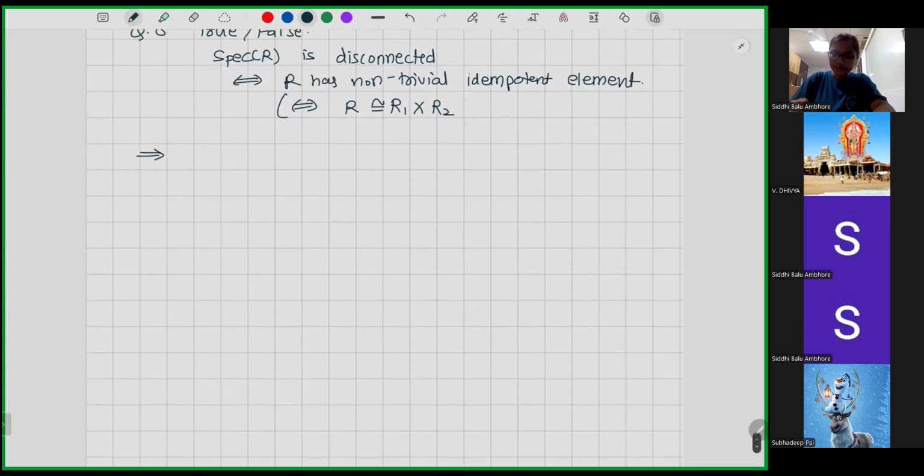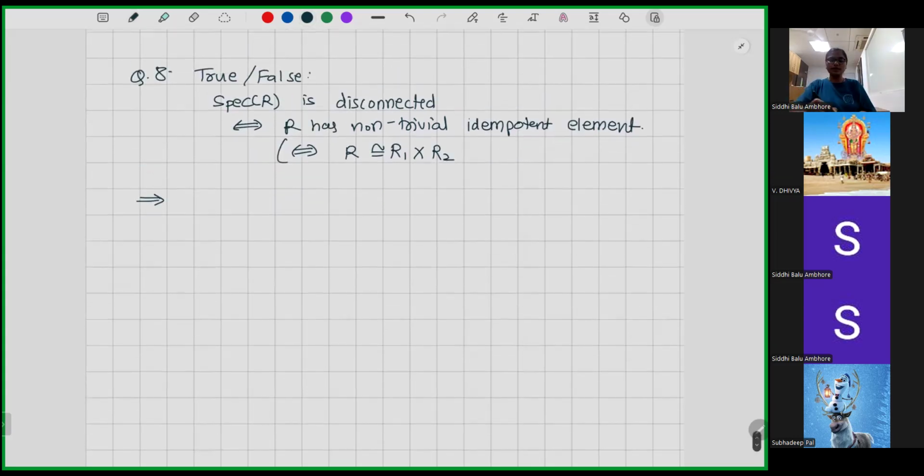So let us start. We will actually use this part to prove this. So we will in short prove that Spec R is disconnected if and only if R is a direct product of two rings. Okay, and that's what we will do.